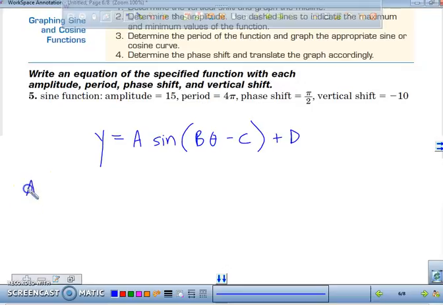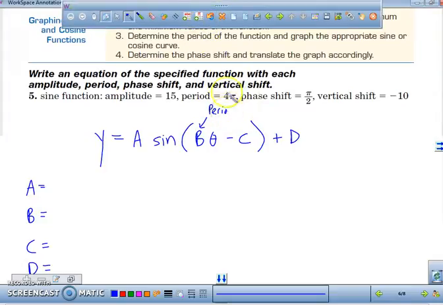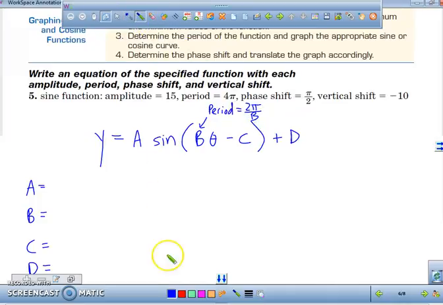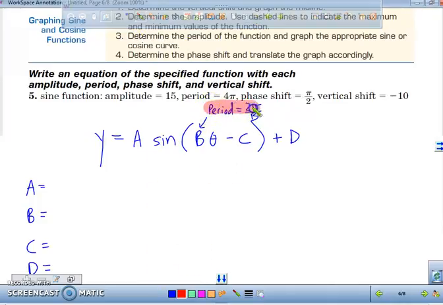All right, so we need to figure out what a is, what b is, what c is, and what d is. B, the formula you're going to use to help find b is dealing with the concept of the period. So remember, the formula for the period is 2 pi over b. So when we're looking for b, make sure you use this formula.